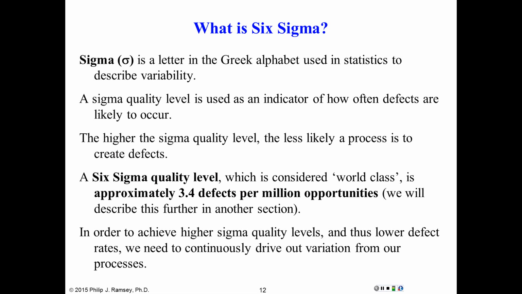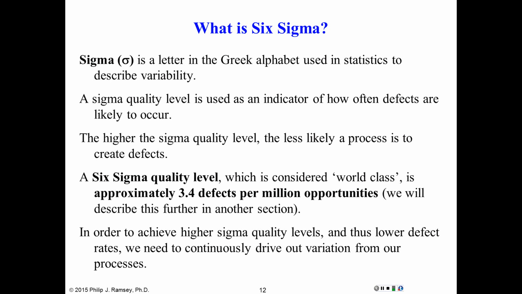But in other words, from the process mean, it should be 6 standard deviations to a specification limit. Okay. Later I'm going to illustrate this, but I need to supply more background for it to make complete sense to you, but that's what Six Sigma comes from.